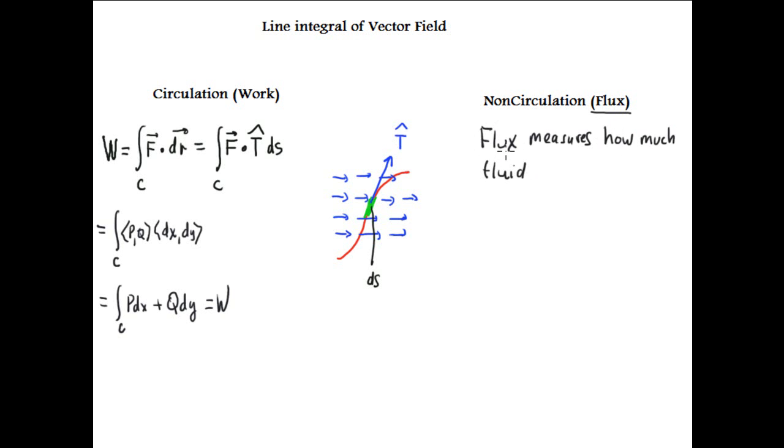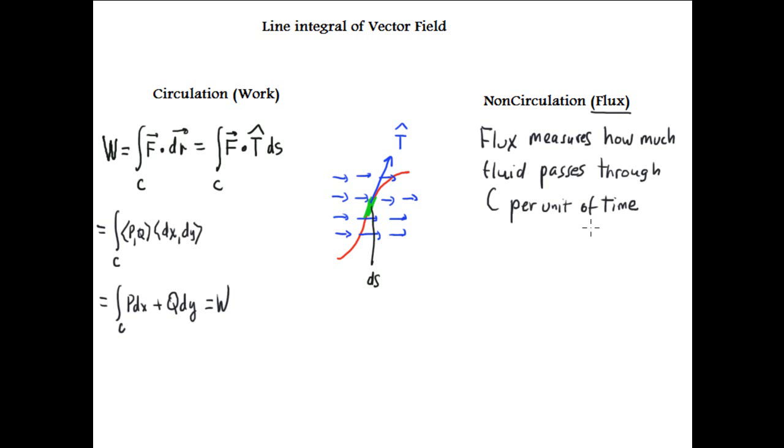We suppose that the vector field is a fluid of water, maybe liquid. This is an intuitive idea from physics. Flux means like a flow rate of water. It's like a volume divided by time. So how much fluid passes through C per unit of time.